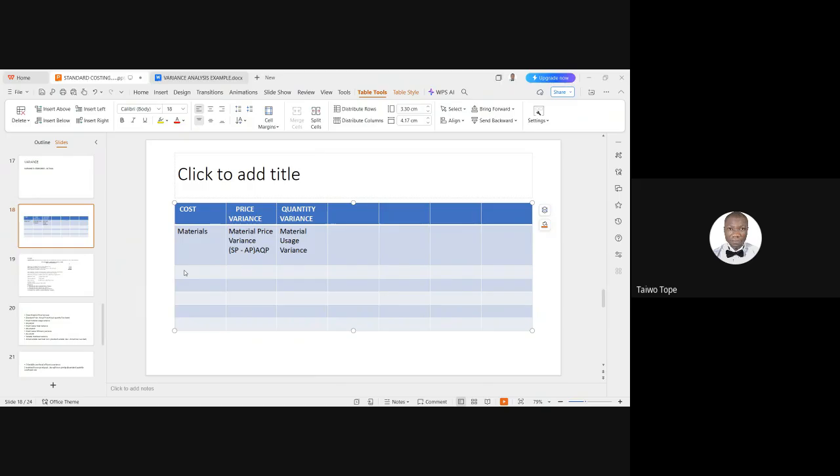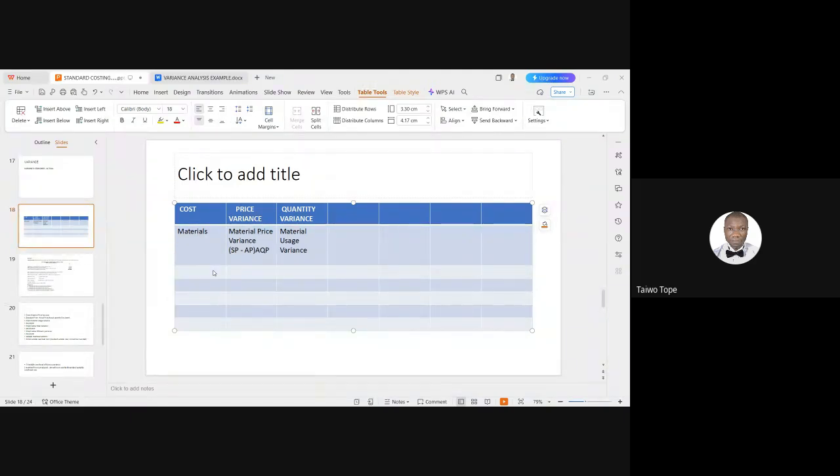You can also see material usage variance in material. Talking about material usage variance, based on the fact that variance is the difference between standard and actual, can you come up with the possible formula for the usage variance? Usage has to do with quantity.